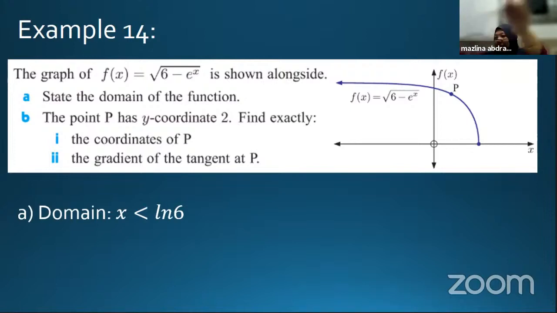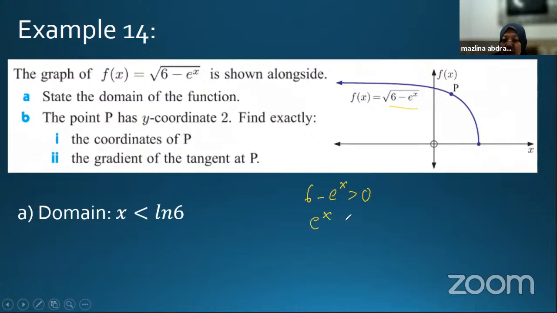Let me write it. Okay, here. 6 minus e to the power of x is always greater than 0.